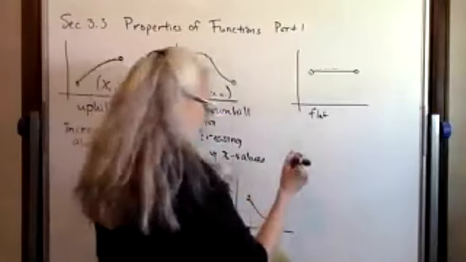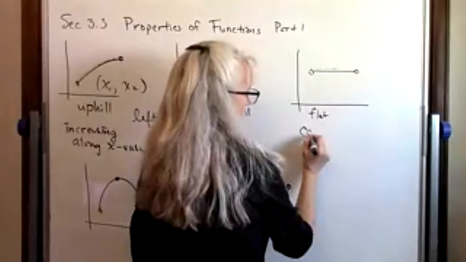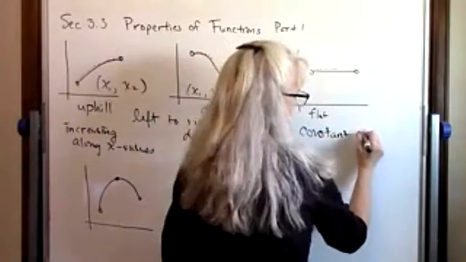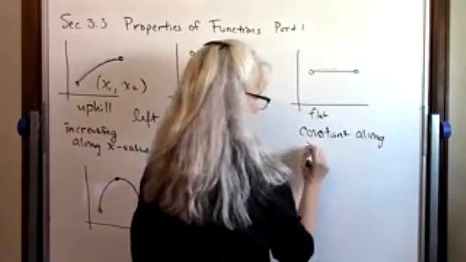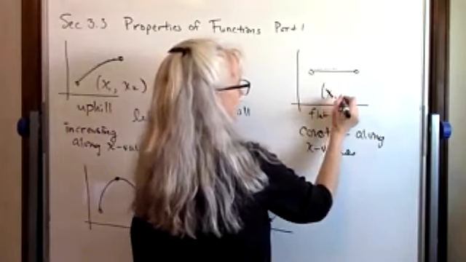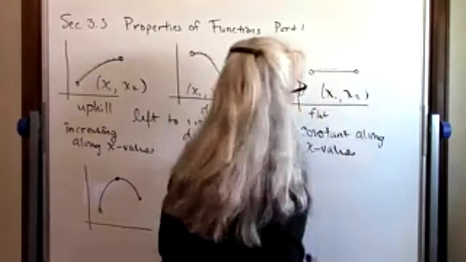And finally, the last one is constant. The graph is level. It's constant along those x values. So this one would be constant from x1 to x2.